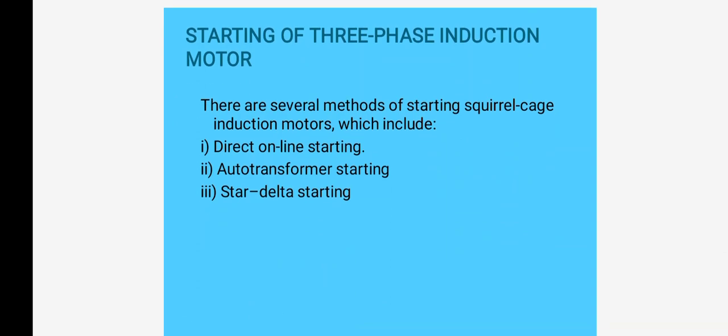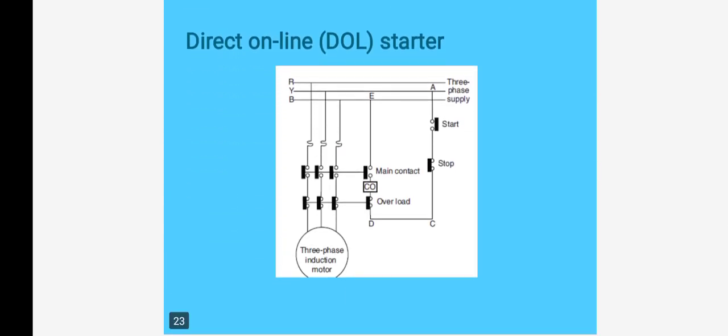Similarly, we are going to starting of the 3-phase induction motor. There are several methods of starting a squirrel cage induction motor, which include direct online starting, auto transformer starting, and star delta starting. This diagram is generally used for the direct online starter of a 3-phase induction motor.